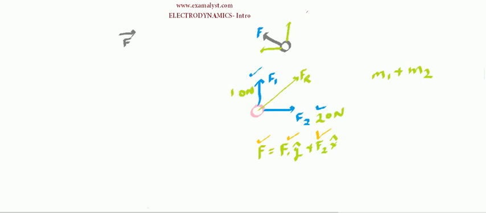So how to find what is Fr? Can you guess? The Fr will be just like the Pythagoras theorem formula, because the angle between F1 and F2 is 90 degree, so I say that the resultant force is root over of F1 square and F2 square.